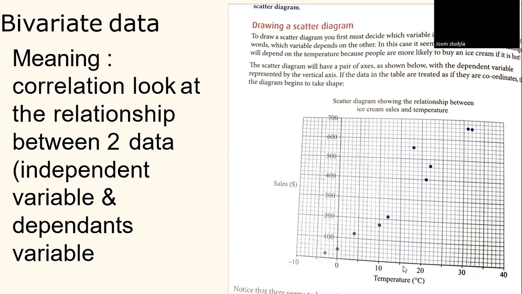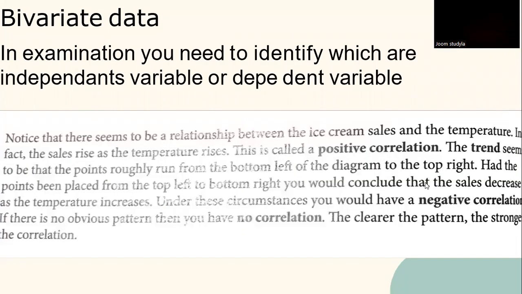We have the temperature on the x-axis and the total sales on the y-axis. When we plot the diagram, it becomes a scatter diagram. In examination, you need to identify which are independent variables and which are dependent variables.